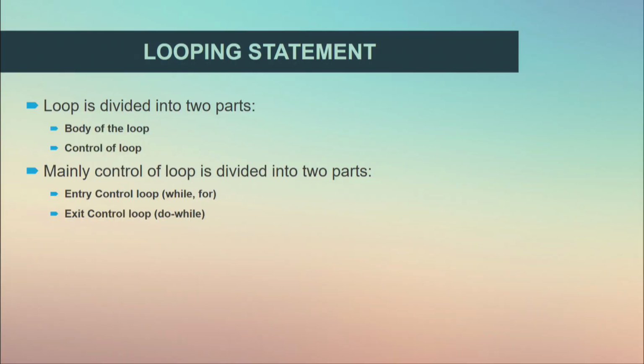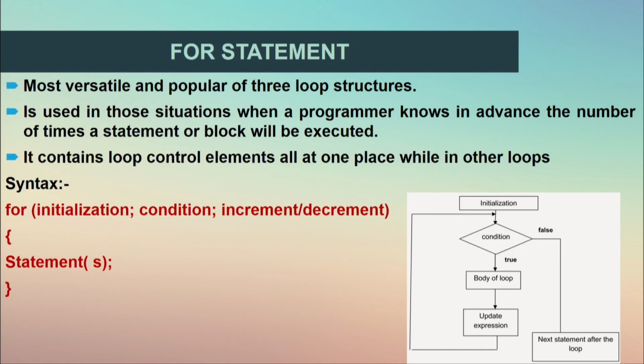The body of the loop will be the set of statements which we want to repeat, and the control of the loop is the condition wherein we will be checking for the condition for terminating the loop. And we will now focus on the for loop.